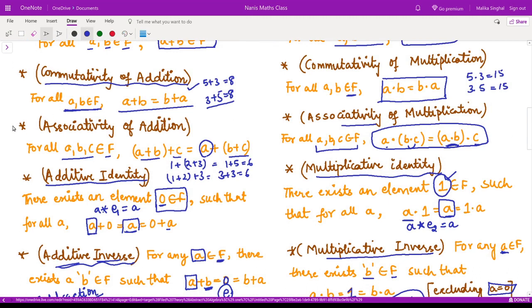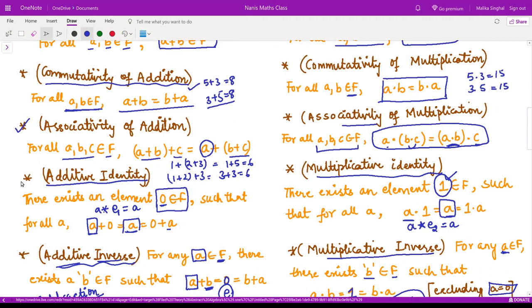We have associativity of addition, we have additive identity, we have additive inverses, we have commutativity of addition. So these four properties form a commutative group under addition.